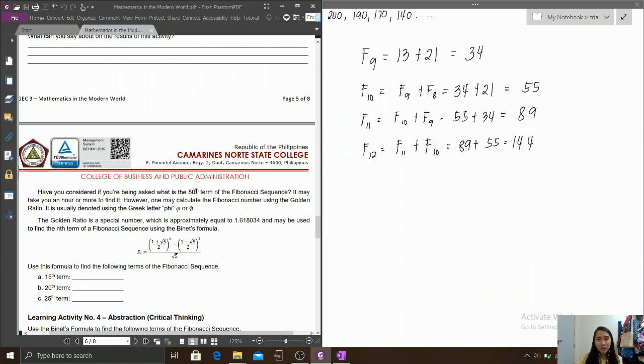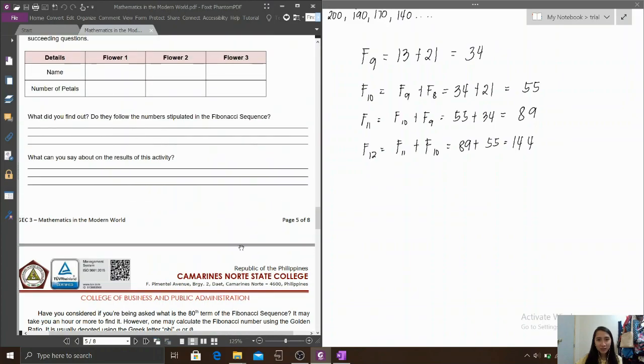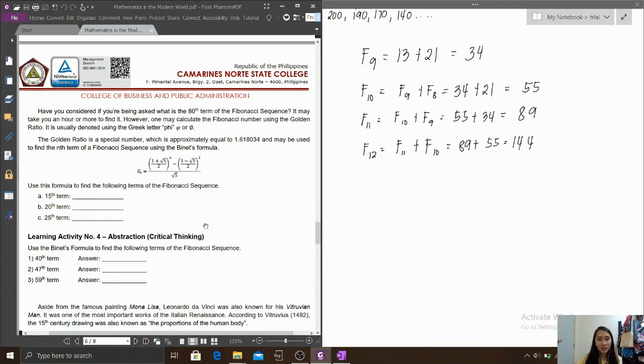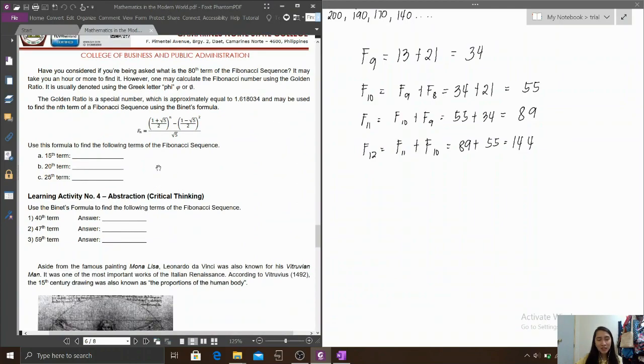Meaning to say, you still have to find the term after 15. So, you start with 16, 17, and so on until you reach 80. So, that is very time-consuming.